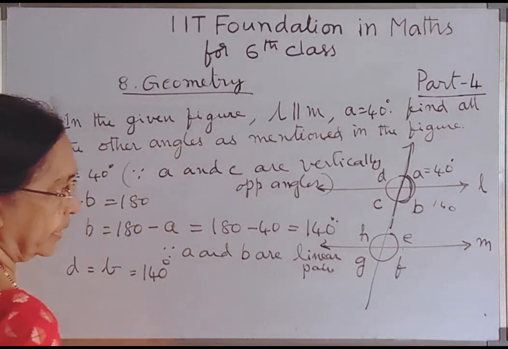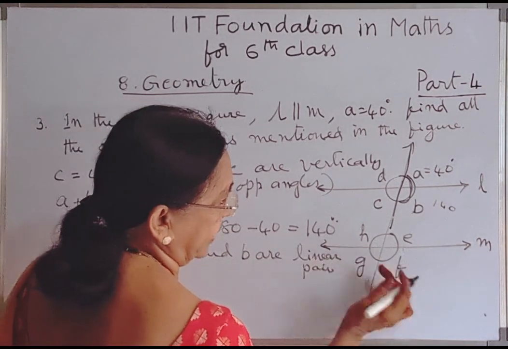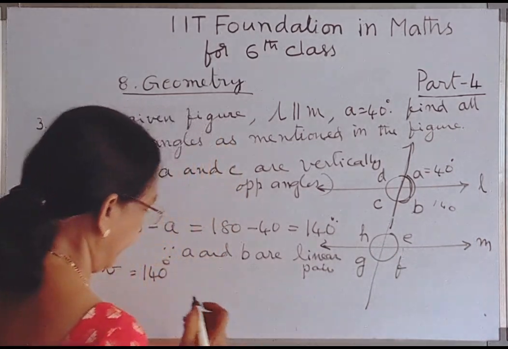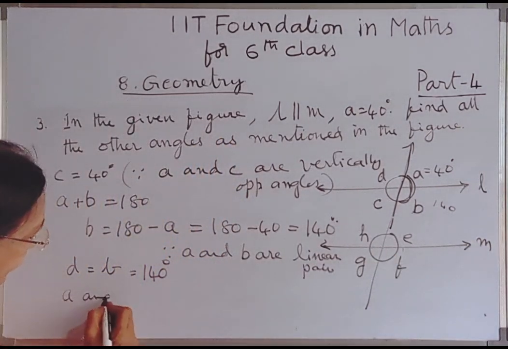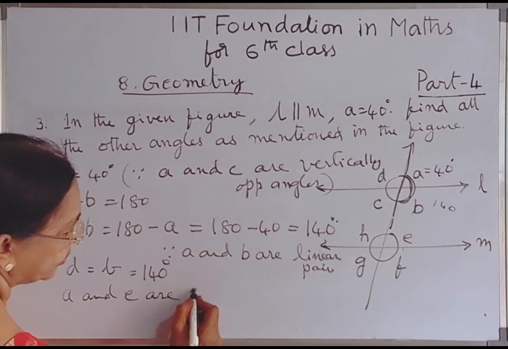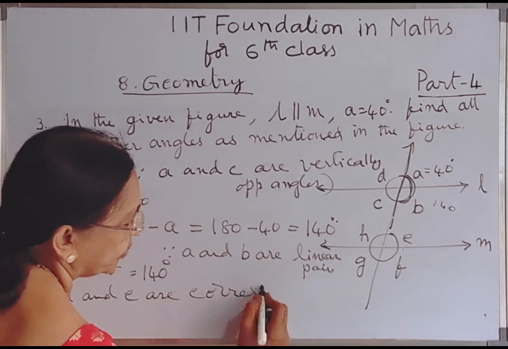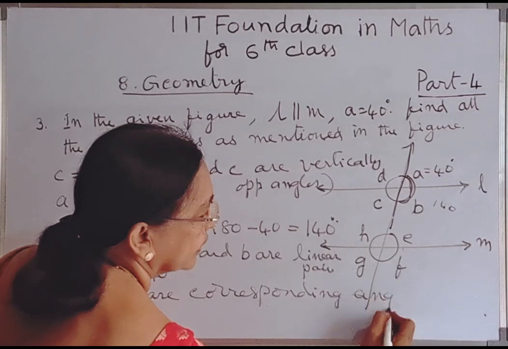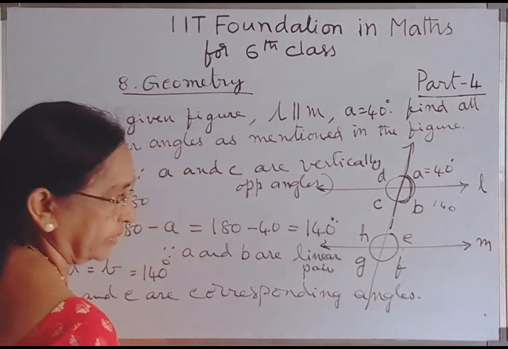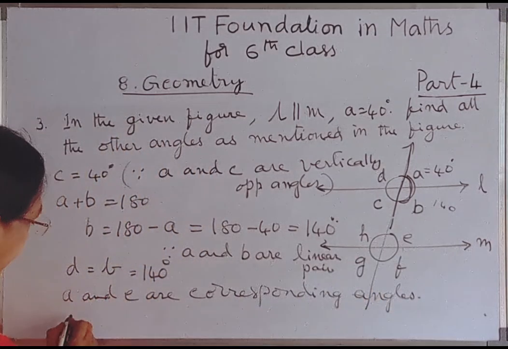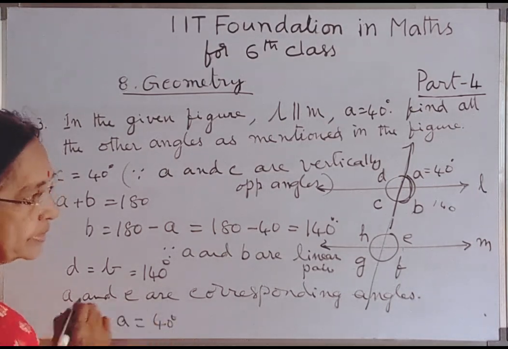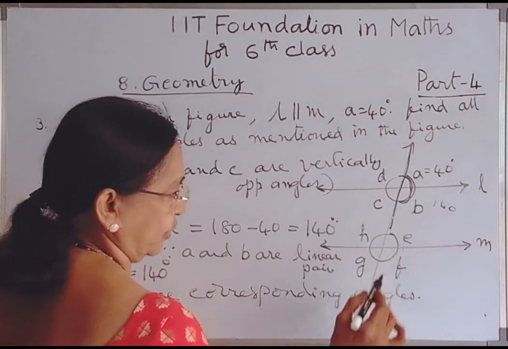So now coming to the next, E, F, G and H. A and E are corresponding angles. So they are equal. That is, therefore E is equal to A is equal to 40 degrees.